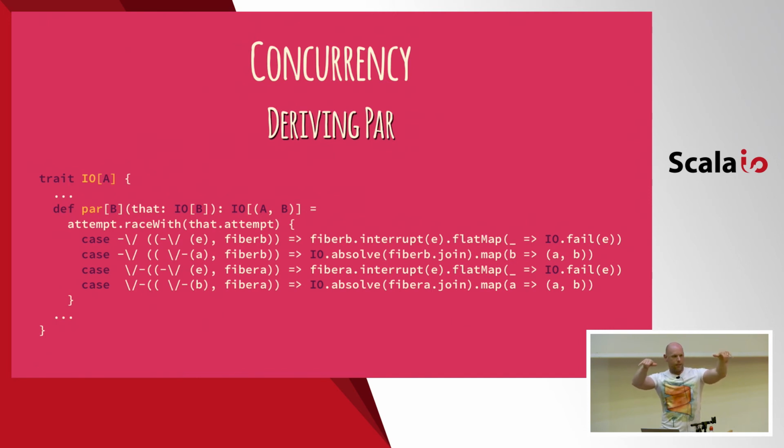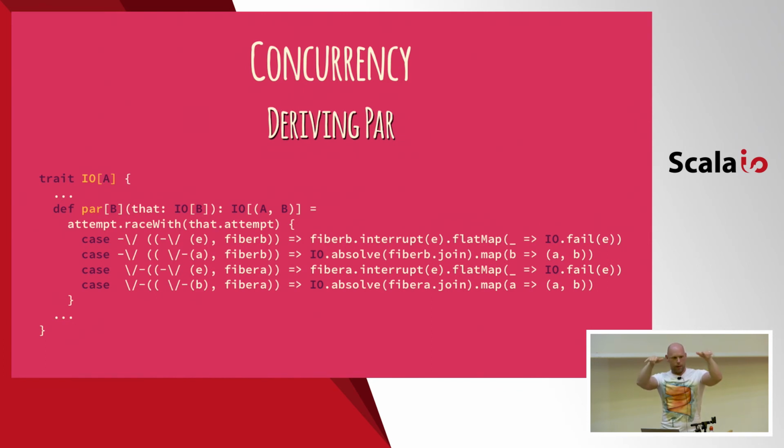Even if the left finishes first, we don't necessarily want it, because we need values from both sides because it's par. So what we do is we make sure that if we get a value from one side, we resume the fiber on the other side. We join it to get its value, and vice versa.